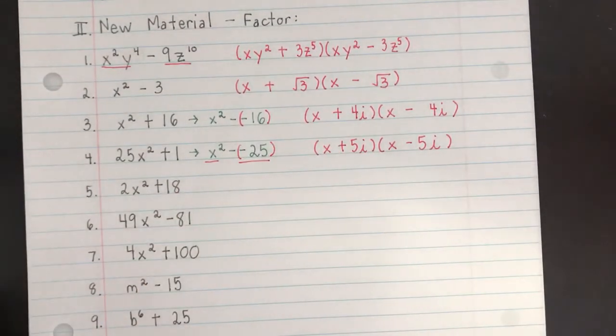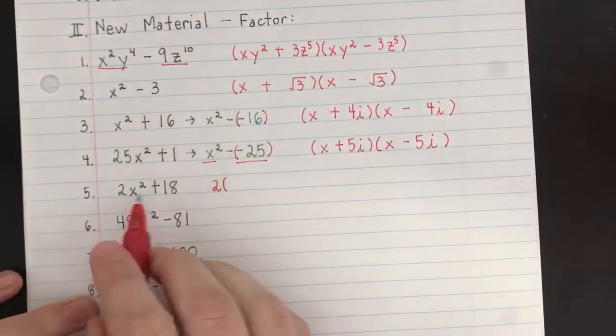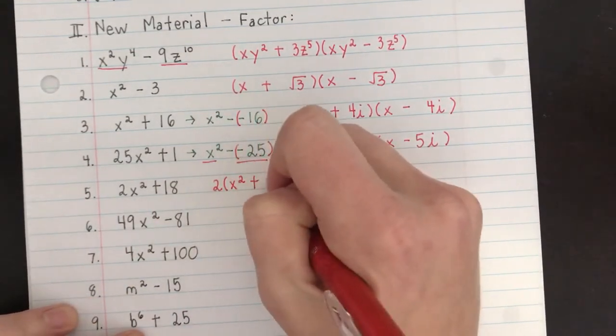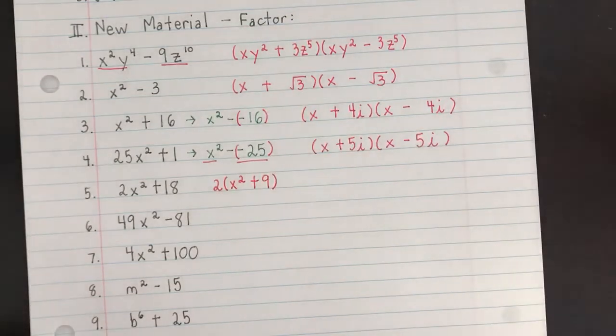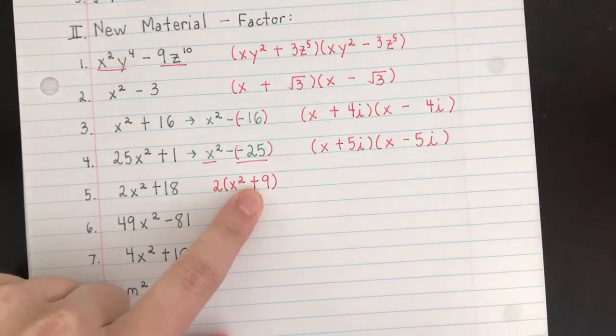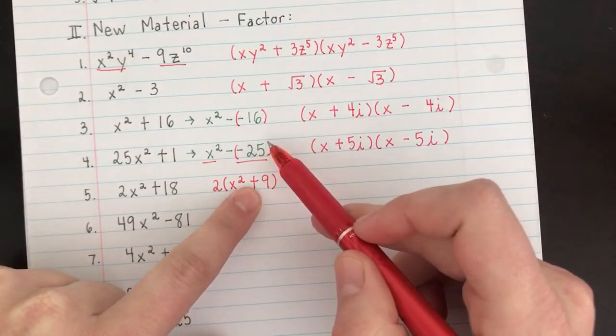Okay, so let's try the next one. On the next one, first, we have to factor out that GCF of 2, I notice. So factor out the 2, you get x squared plus 9. Okay, and then after you get that, again, you don't have a difference of squares, you have a sum of squares. Do I need you to write this manipulation out every single time?